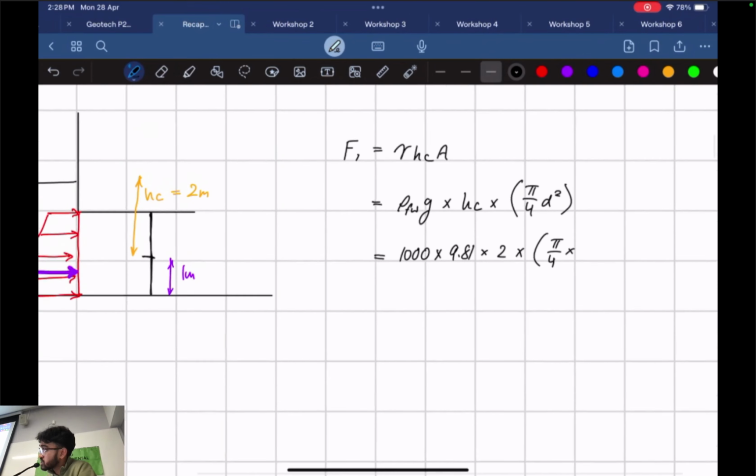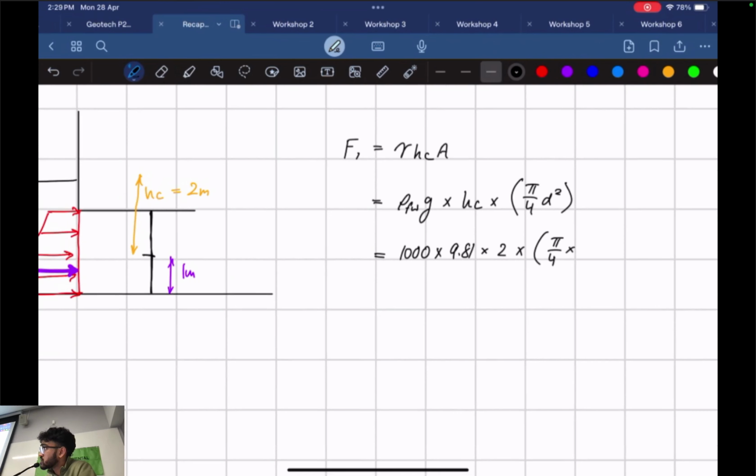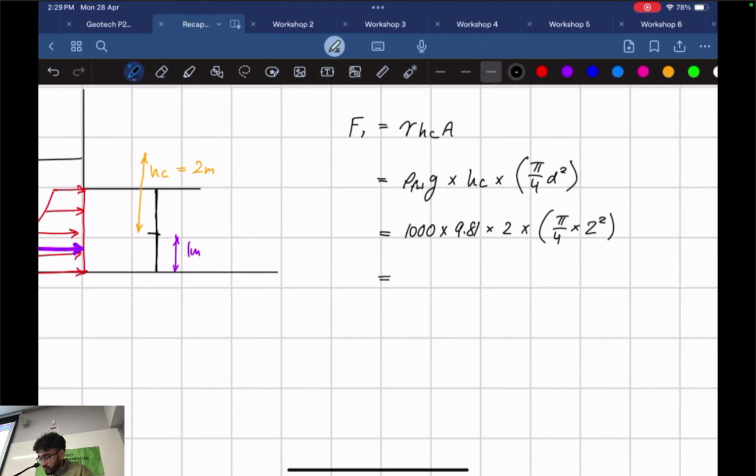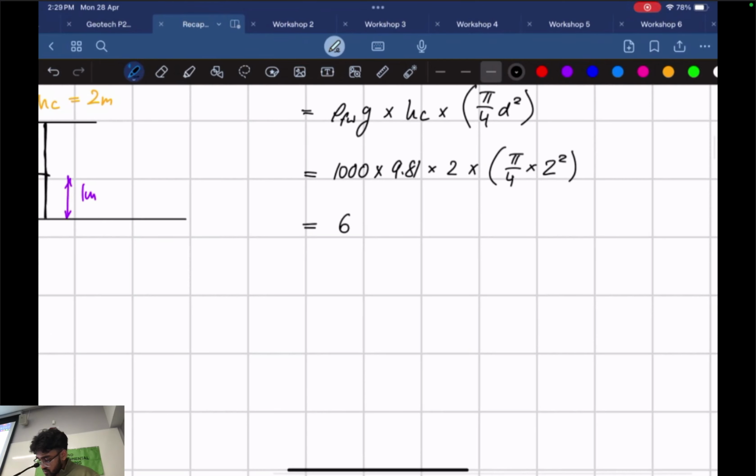What's d? 2, perfect, 2 squared. This is the diameter of the gate. Plugging this into our calculator: 1000 times 9.81 times 2 times pi on 4 times 4. I think that's right, from remembering from last year.